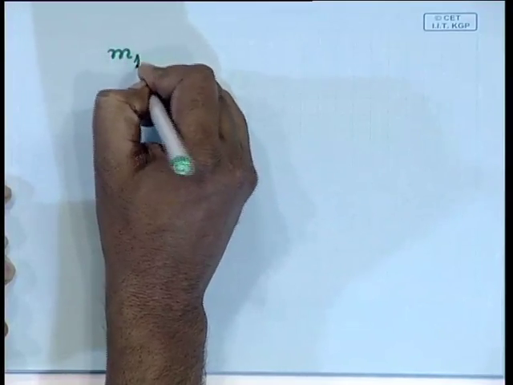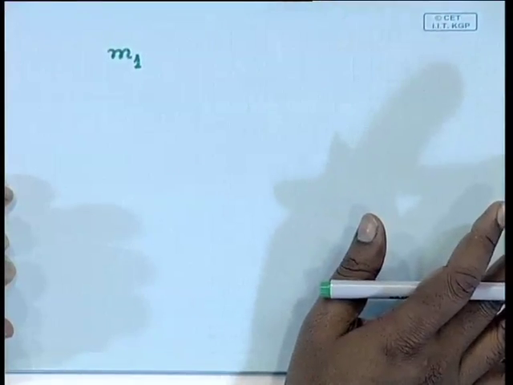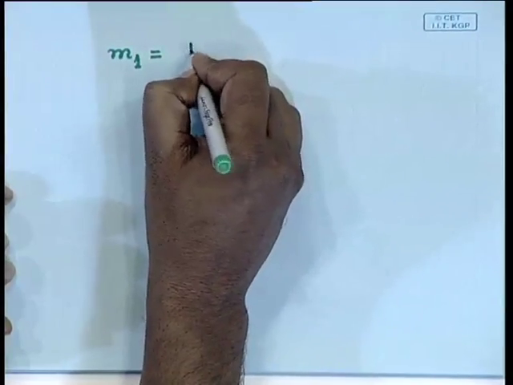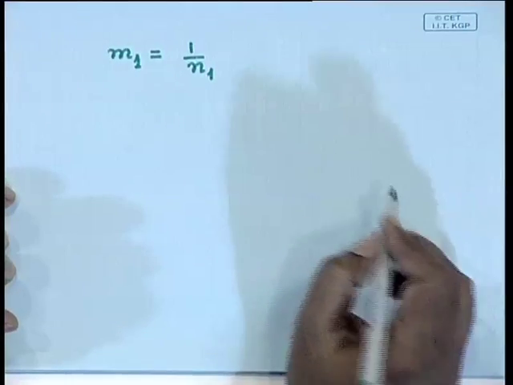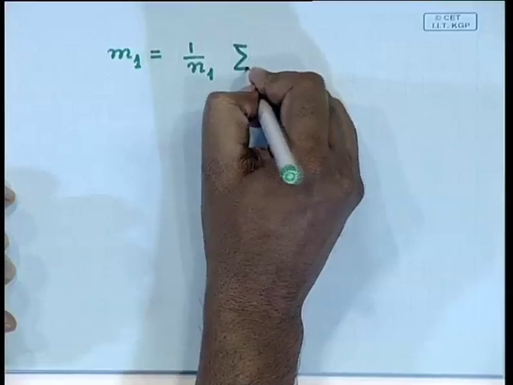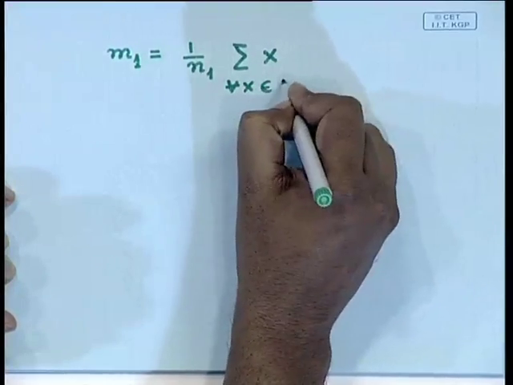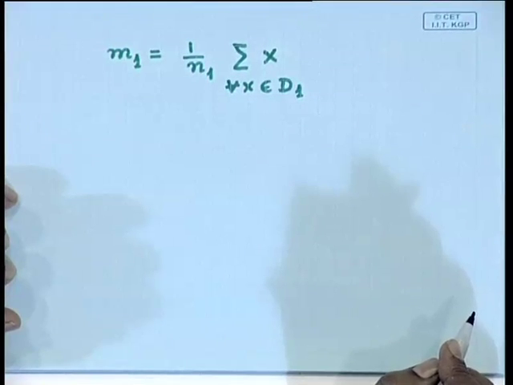Now, coming to the sets D_1 and D_2, I can find out the mean M_1, which is nothing but the mean of the samples in class D_1. Obviously, M_1 is equal to 1 upon n_1, because n_1 is the number of samples in class D_1, times the summation of x for all x belonging to set D_1.